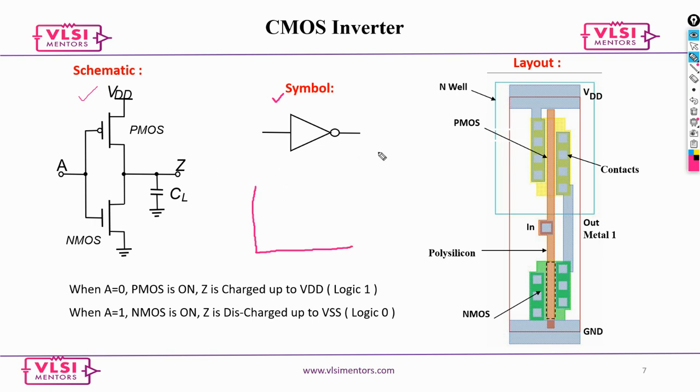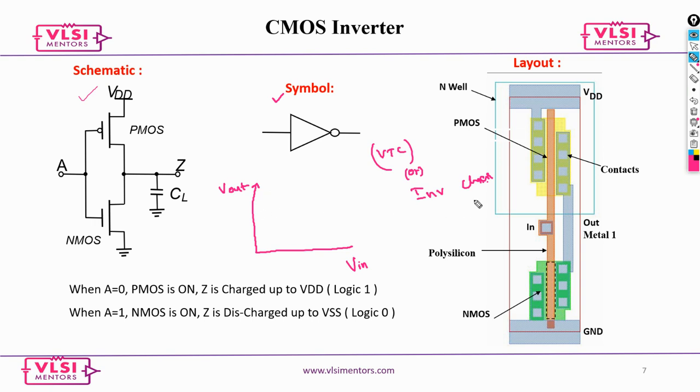So people call it VTC, or inverter characteristics. Now what is this? Remember, we always give V in as an input, and your input is always on the x-axis and your output is always on the y-axis. So that is V out.